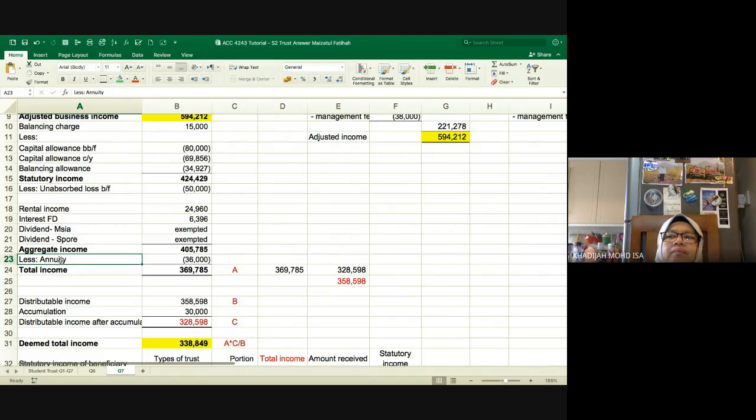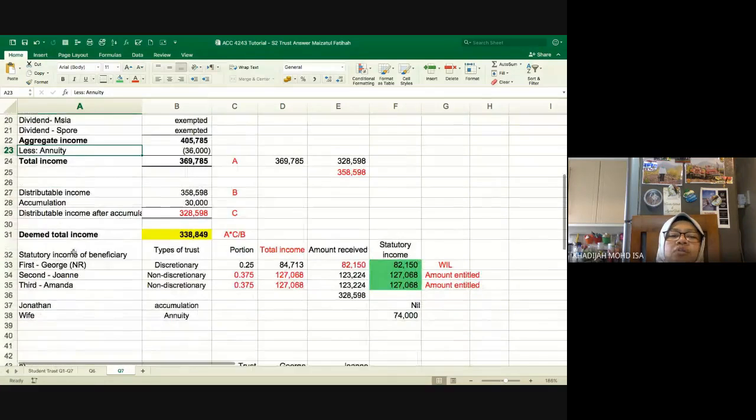Annuity means that the trust pays the beneficiary, so the beneficiary actually receives the amount. But accumulation is paid, put aside. You don't pay to the beneficiary until she reaches a certain age. So annuity is always against your aggregate income, but accumulation is always after your distributable income.